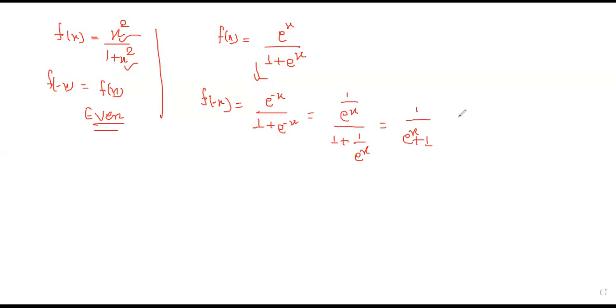So it is not f(x) and it is not minus f(x). So it will be neither an even function nor an odd function. Okay. Any problem? No, sir.